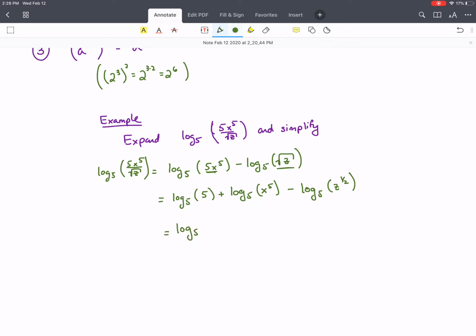So I now have expanded out with the sum, and now I'm going to write this as the product of 1/2 times log base 5 of z. Again, the log rule that I'm using here is the third one. The log rule I'm using here is the first, and the log rule I used here was the second. So those are all the things that I can do. Oh wait, I still can use the third one right here as well. So let me expand this a little bit more.